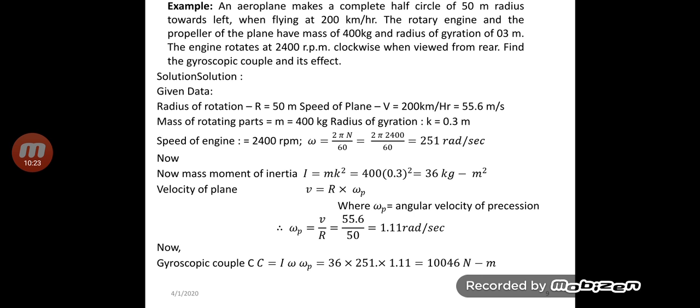And this is what we can say is the total couple which is acting on that aeroplane.